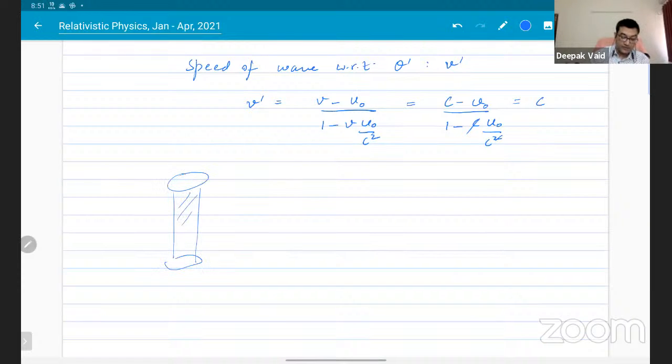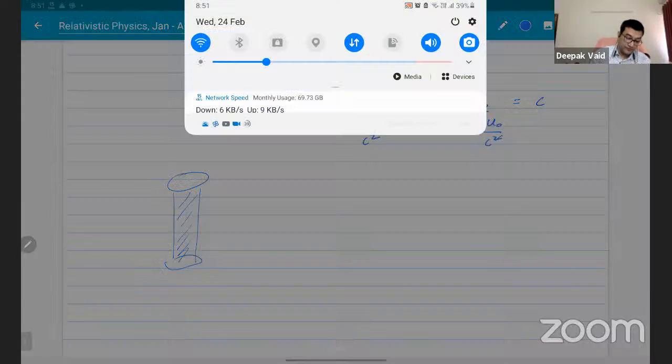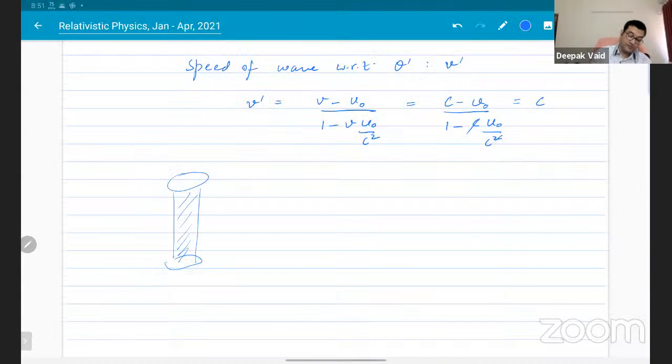So the first pillar was that of Newtonian mechanics, right? And then there was another pillar.